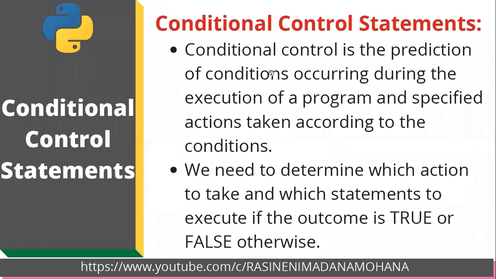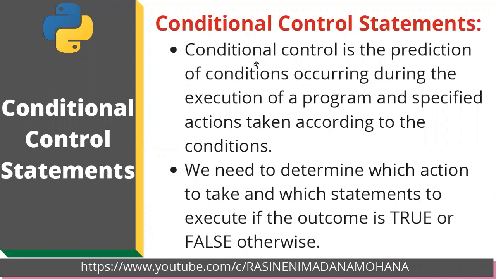Let us see what conditional control statements are. Conditional control is the prediction of conditions occurring during the execution of a program and specified actions taken according to the conditions.